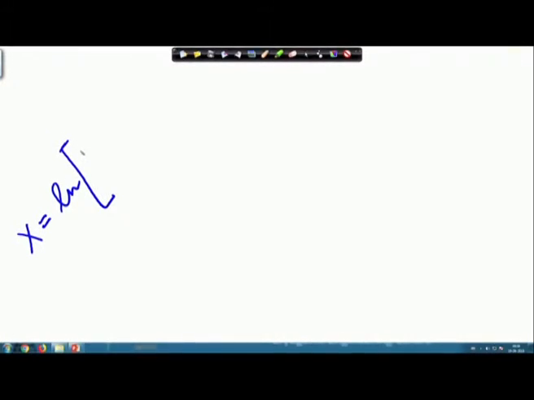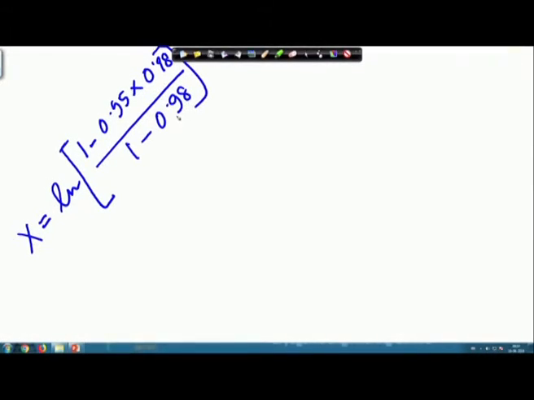So, 1 minus 0.95, that is CR, multiplied by the epsilon 0.98 divided by 1 minus 0.98, that is the effectiveness. So, this X comes out to be 1.238.